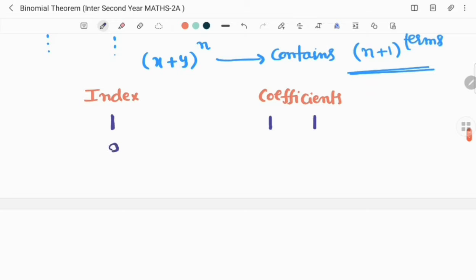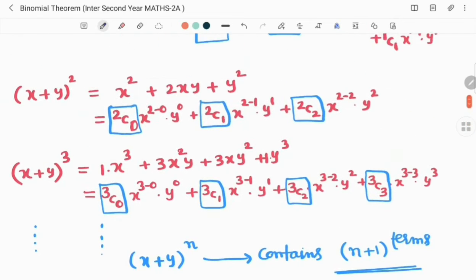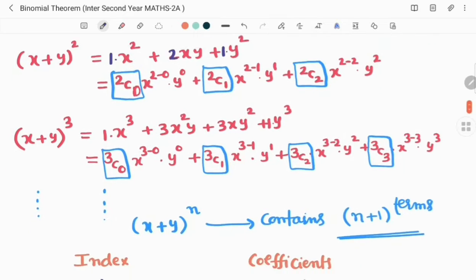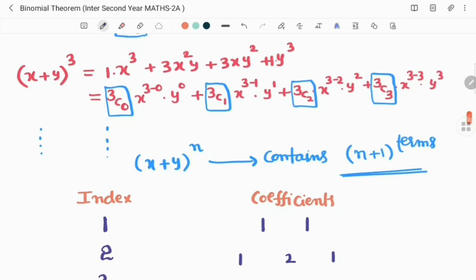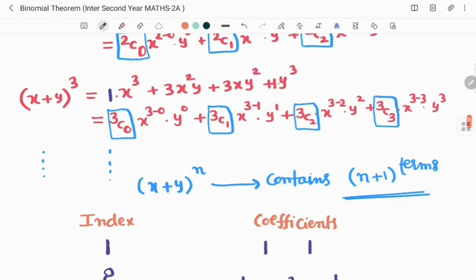When the index is 2, the terms will be here 1 and here 2, here again 1. So when the index is 2, 1, 2, 1 are the coefficients. So here 1, 2 and 1. When the index is 3, what happened? 1, 3, 3 and 1.